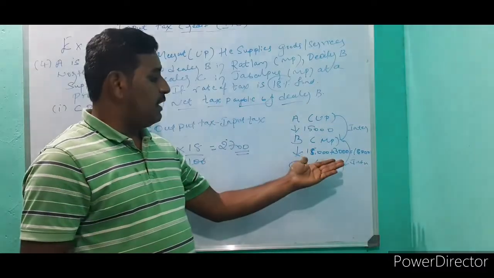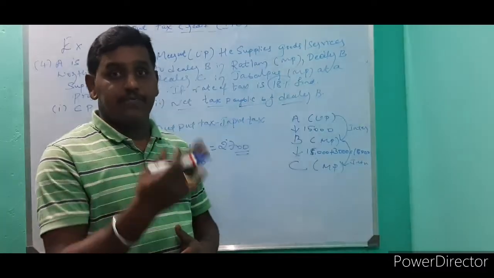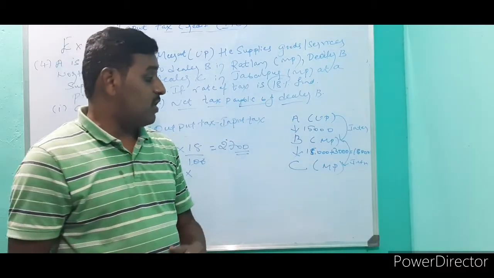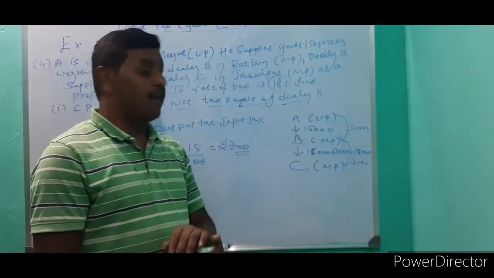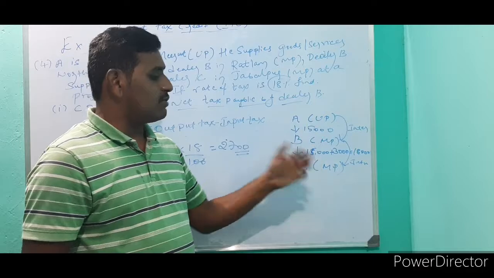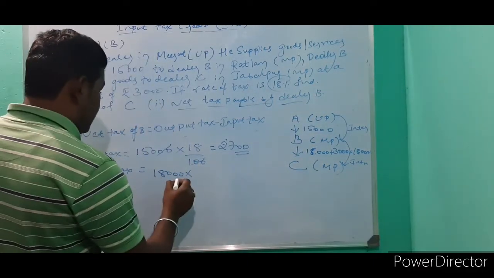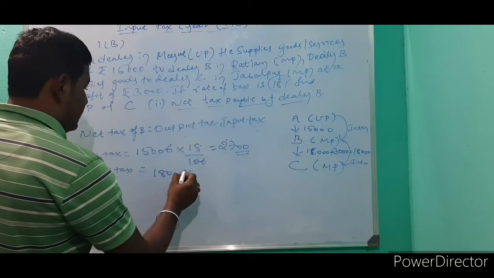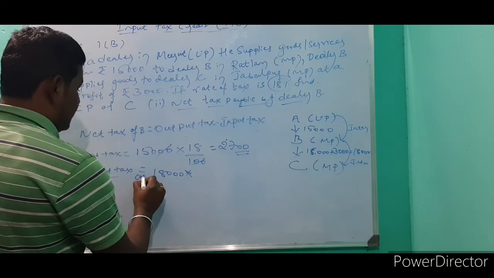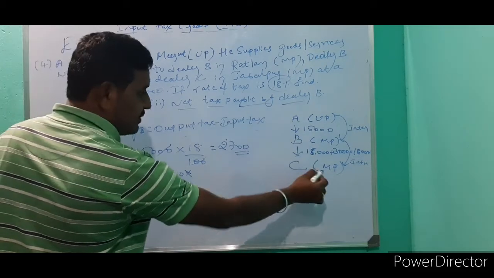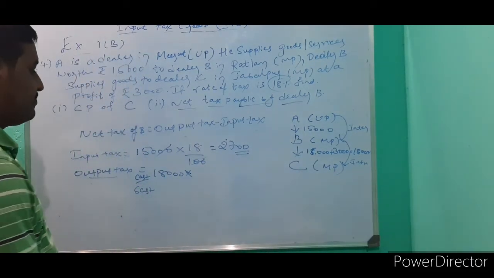So he has to add 3,000 extra for profit. 15,000 plus 3,000 is 18,000. That is selling price of dealer B, the cost price of dealer C also. You can take 18,000. Here we have to find CGST and SGST, because B to C is intrastate.